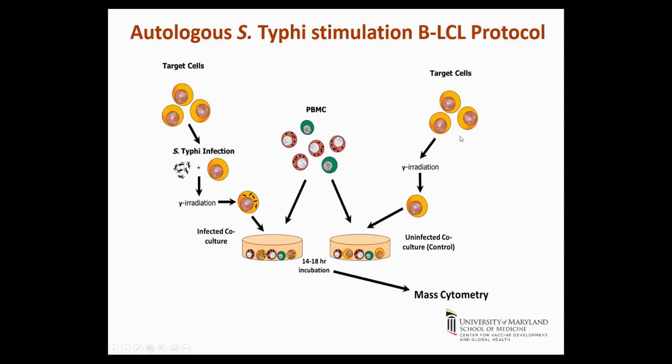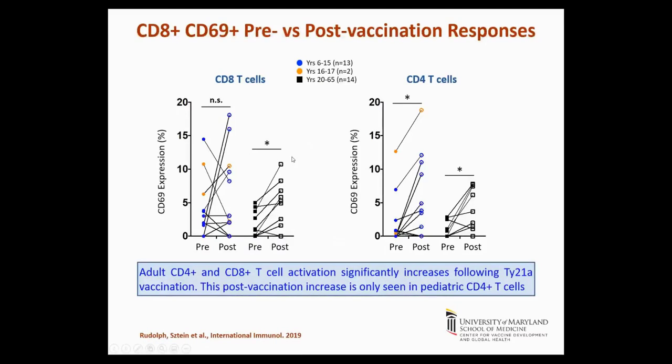And we use a protocol similar to what I showed before. We have the target cells, which we gamma irradiate and leave uninfected, compared to target cells that follow the same procedure, but they have been infected with Salmonella Typhi. And then we combine them with PBMC obtained from the children.